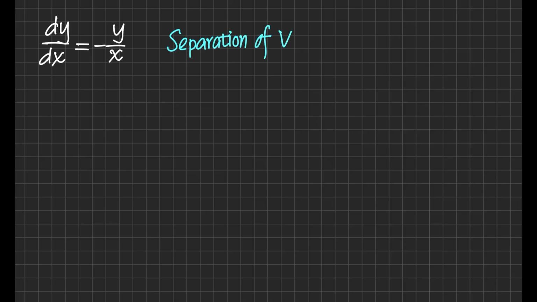Here's another example that we can work on. dy over dx is equal to minus y over x. And just like before, we will use separation of variables to solve this problem. So we have 1 over y times dy is equal to minus 1 over x times dx.